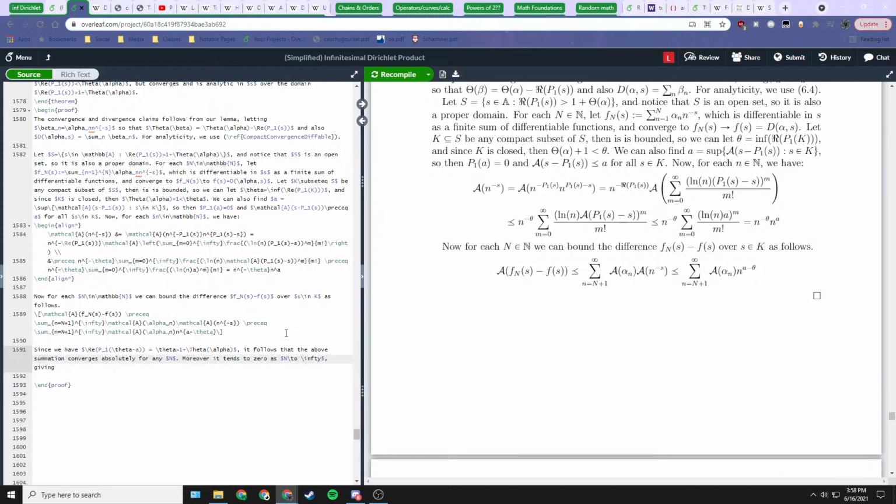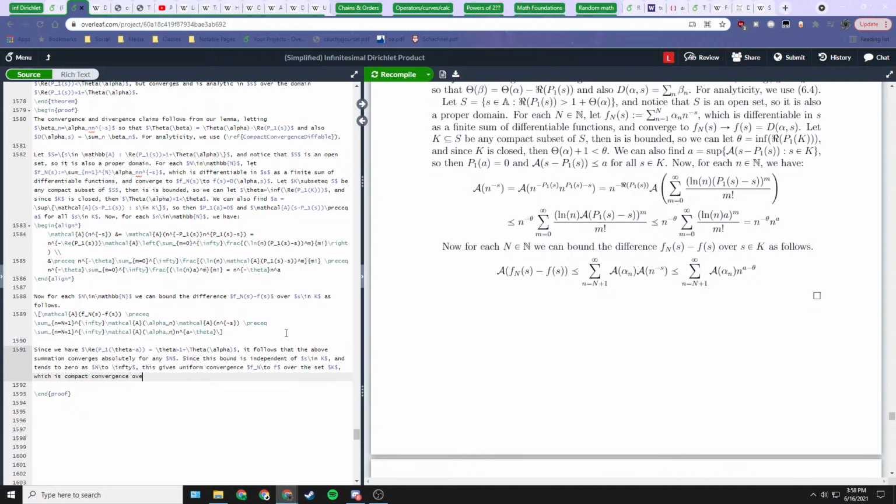Rather we can say, since this bound is independent of s in the set K and tends to 0 as n goes to infinity, this gives uniform convergence of f sub n going to f over the set K, which is compact.